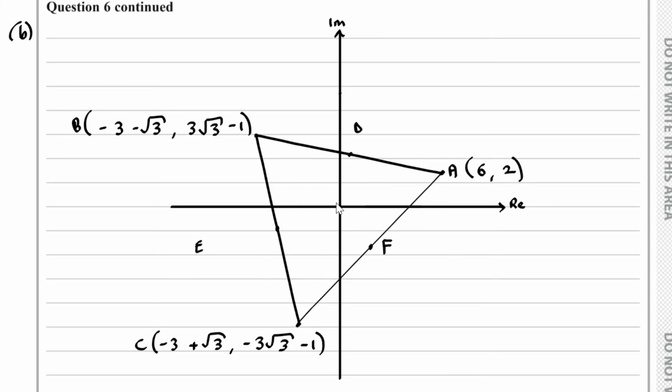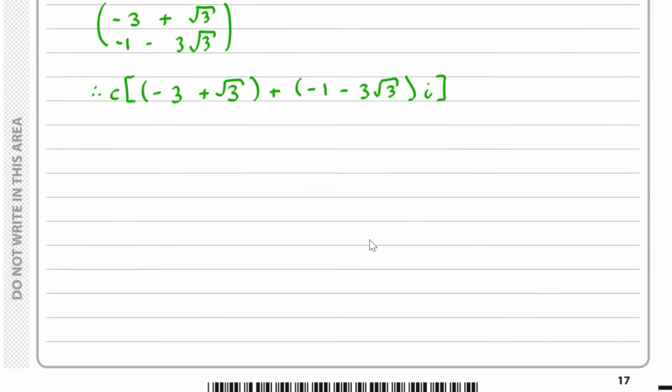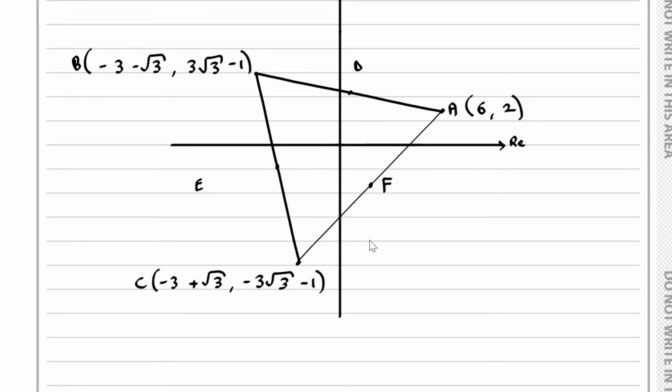So in this question, we want to find out the area of the triangle, and the triangle we're interested in is this triangle here. So if I just join everything up, we're interested in working out the area of this triangle here.